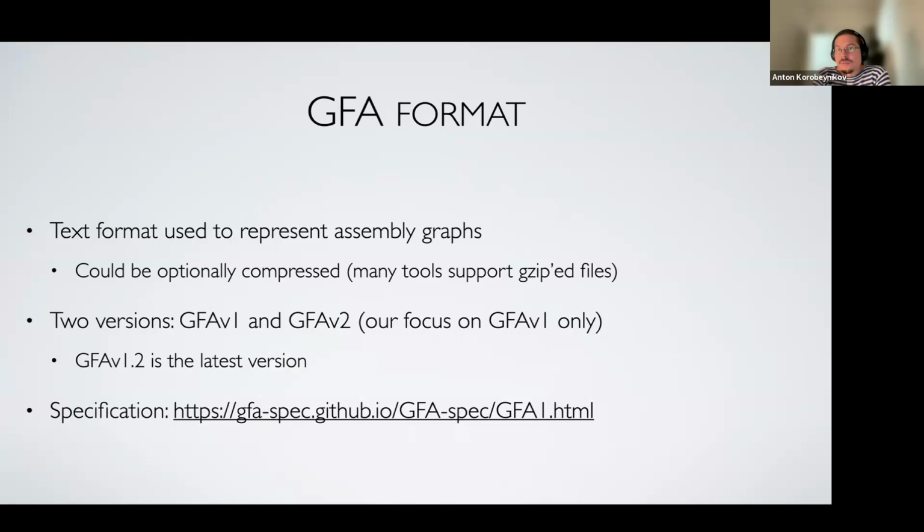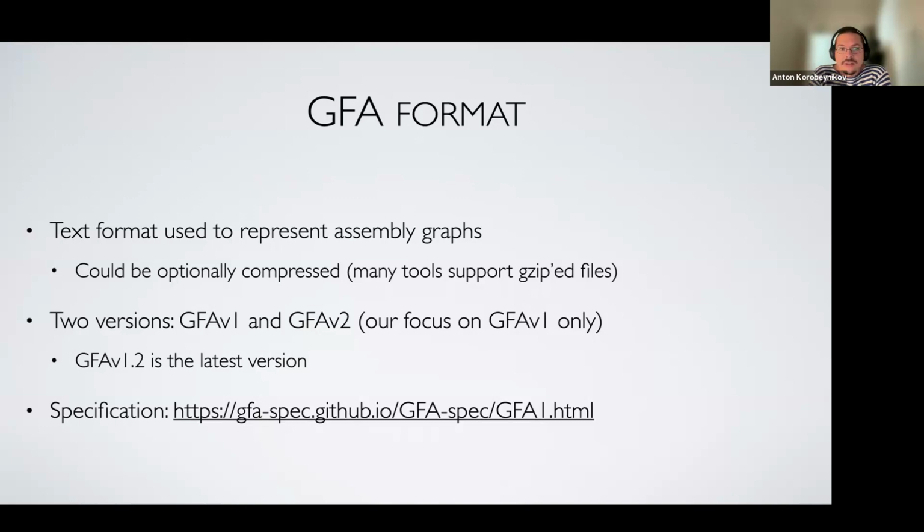The format is called GFA, the graphical fragment assembly format. It's a text format used to represent assembly graphs. And the good thing is that, as with any other text formats like FASTA or FASTQ, it could optionally be compressed. Many tools, Bandage included, support zip files, so you can just compress, drop it in, and it will be supported.